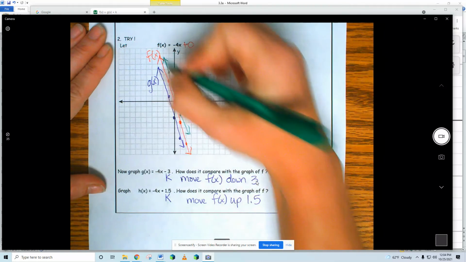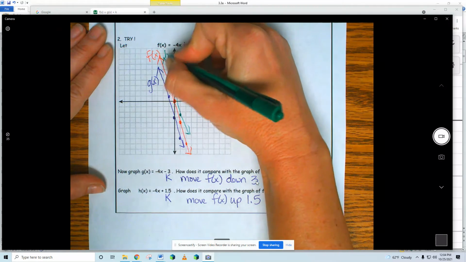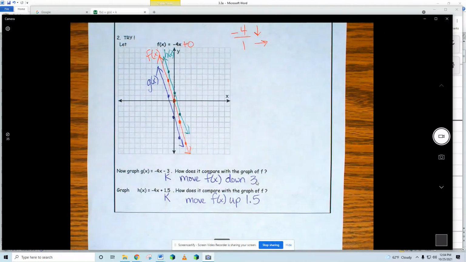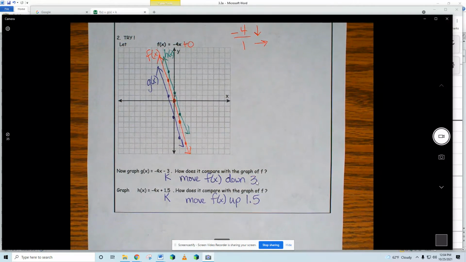That's h of x. So what's happening is I am changing this line by shifting it up or shifting it down. And the k, the number at the very end all by itself, is what tells me how to move.